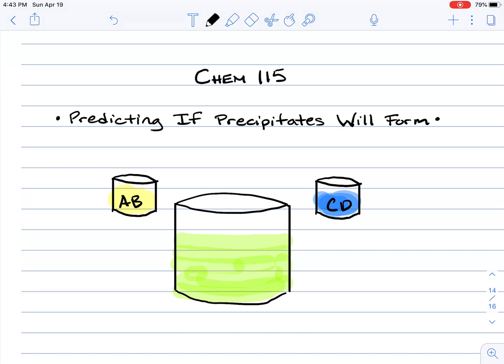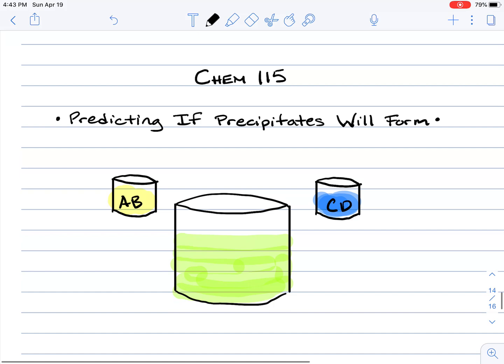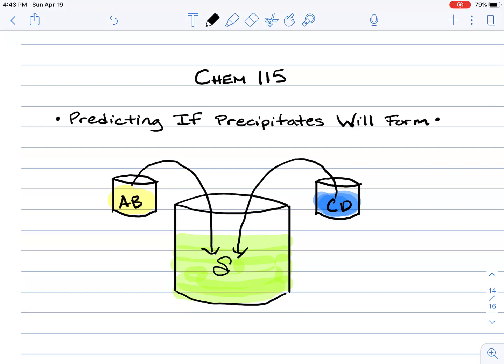In this diagram that I've drawn, if we take a solution of AB that's colored yellow, and some amount of solution CD, which is colored blue, and pour them into the same container, whether it be a beaker or Erlenmeyer flask, the list continues, we're going to assess whether or not the combination of those two solutions will form a precipitate. And the precipitate that I just drew is that squiggly line.